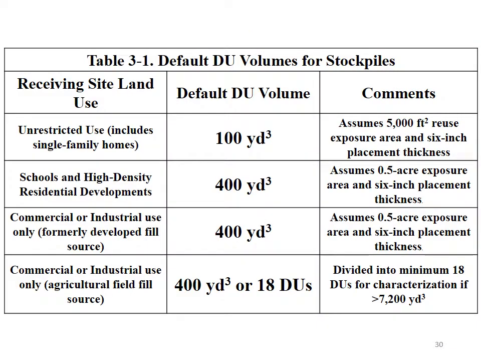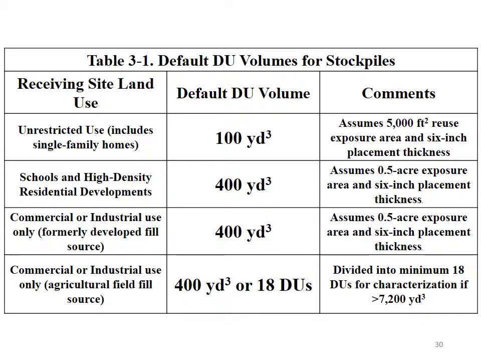We have, in our guidance, default volumes for stockpiles. Again, as I mentioned, they're based on presumed reuse of the soil. So in a worst case scenario, we assume that a stockpile could be utilized in a small residential lot, 5,000 square feet, spread to a depth of 6 inches.